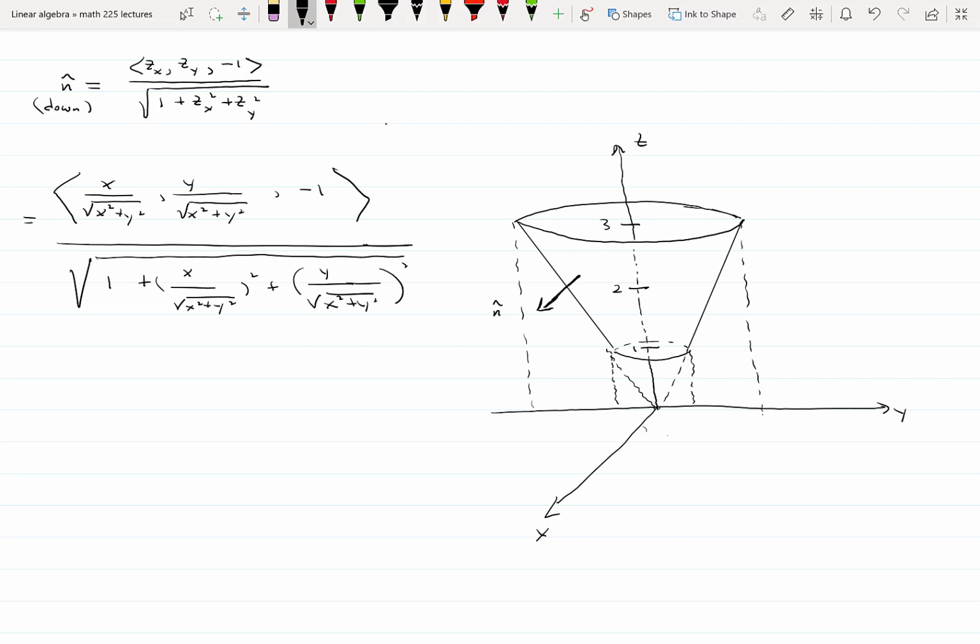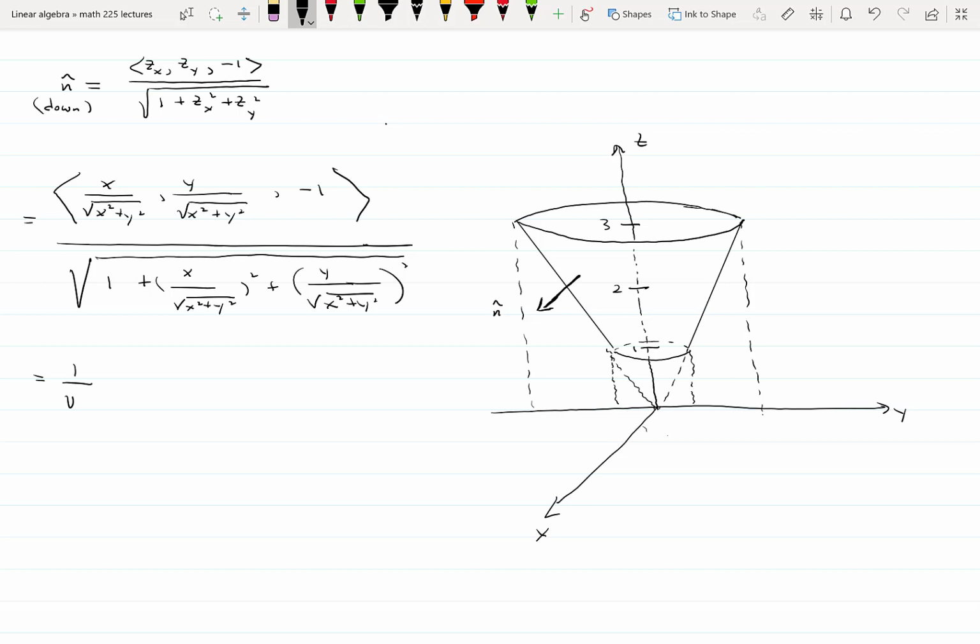Okay. Let's do the square root bar. So the denominator simplifies very nicely. The denominator simplifies to the square root of 2, and the reason for that is the two terms with the x's and y's simplify to x squared plus y squared over x squared plus y squared, which is 1.